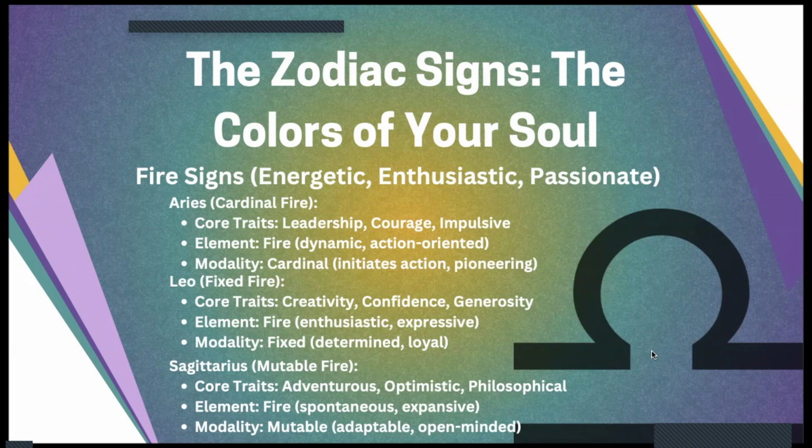Leo is a fixed fire. The core traits of Leo will be creativity, confidence, and generosity. Leo is also a fire, but Leo is more enthusiastic and expressive. Its fixed modality means it's determined and loyal. One might argue that Leo is the most loyal sign of the entire zodiac, loyal to a fault at times.